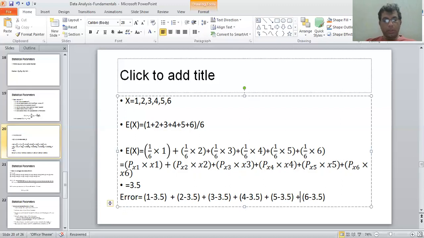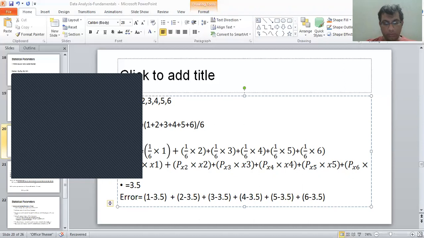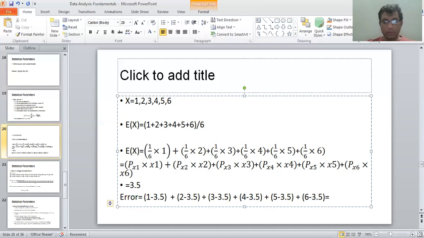Like for example, if we do this thing over here, then 1 minus 3.5 is minus 2.5. So if we run this calculation, it would go something like this.